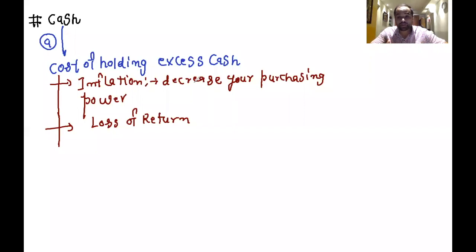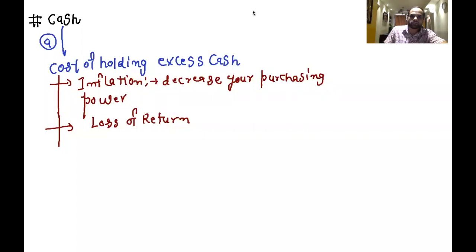In simple language, instead of investing, you are holding cash, which means you are sacrificing the rate of return, the profit that you can earn by investing money. So holding excess cash may lead to a decrease in the company's return. As a result, company income and profit may be reduced. All right, so these are the two costs of holding excess cash.